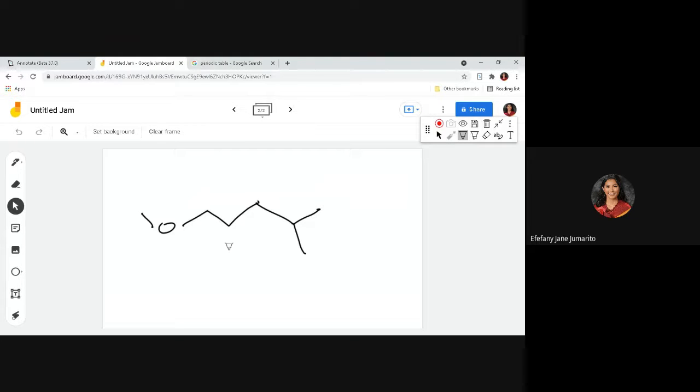Always start with your parent chain. Parent chain, we have hex. Okay, 1, 2, 3, 4, 5.